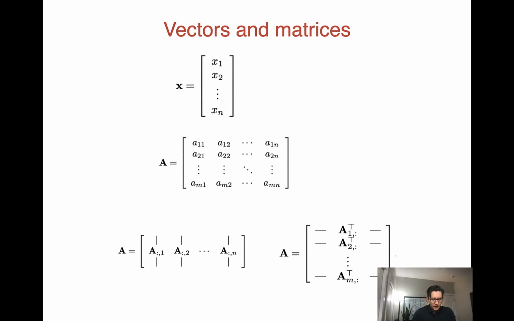Again, note we have the same thing here where we have A_i colon indicating we want all of the columns for the ith row. By the way, when we list a vector, we almost always mean a column vector. So if we want to indicate a row vector, we'll almost always transpose it. That is, define it as a column vector and then use the transpose when we see it on the page. Transpose, by the way, means to flip the rows and columns.